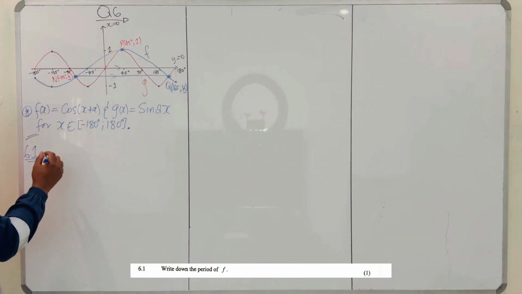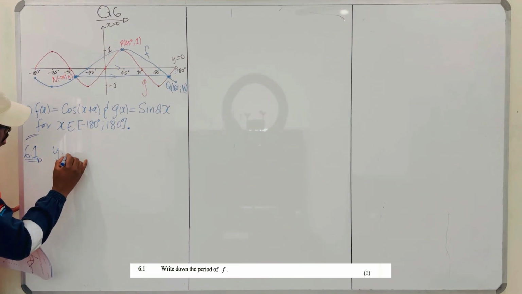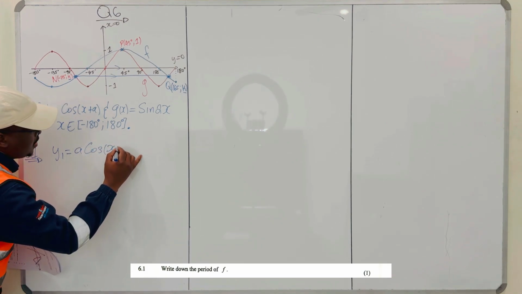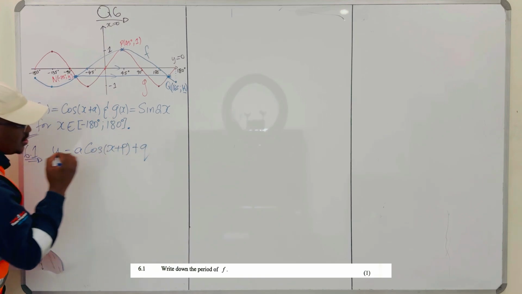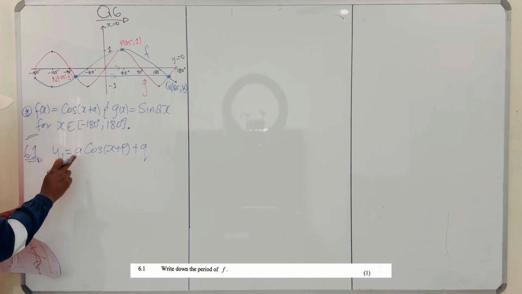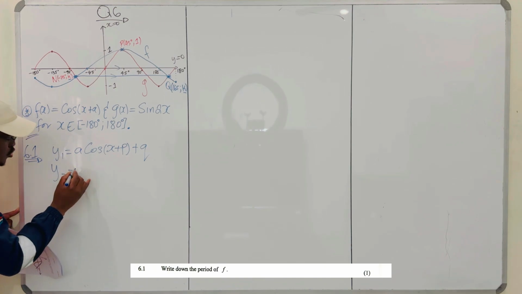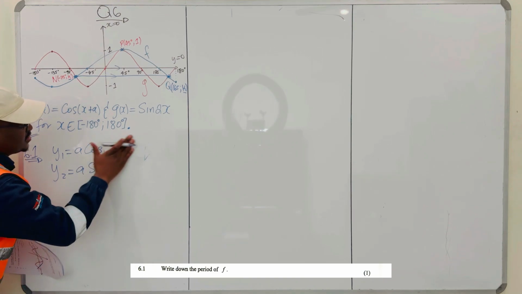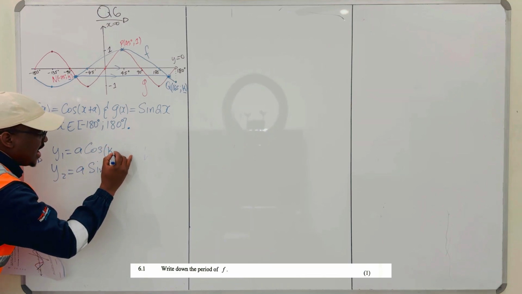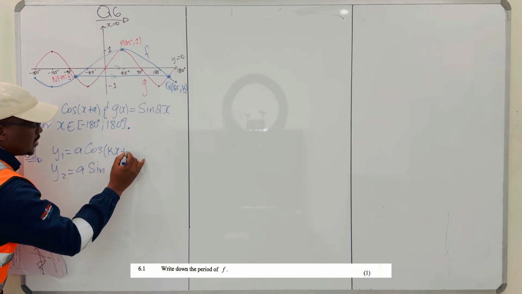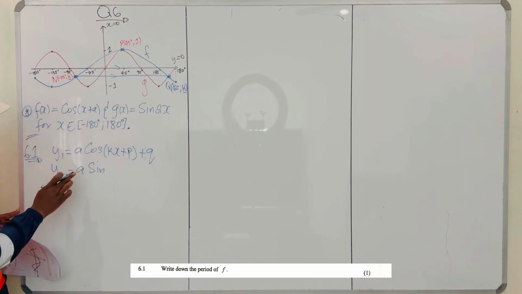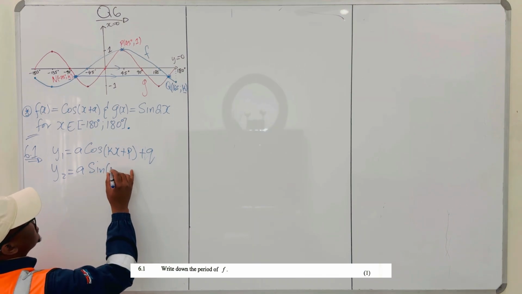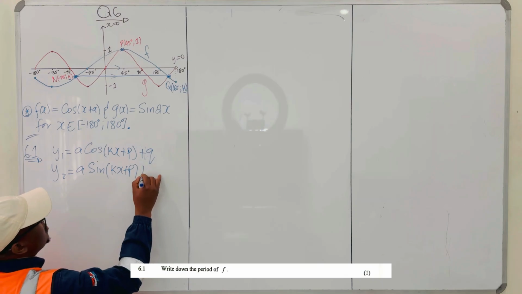So let's say you have y1 defined by a cos kx plus p plus q, and maybe you have y2 defined by a sine kx plus p plus q.